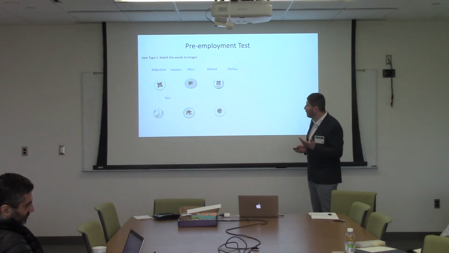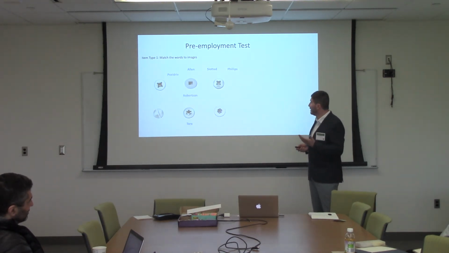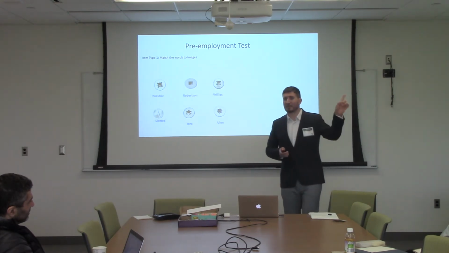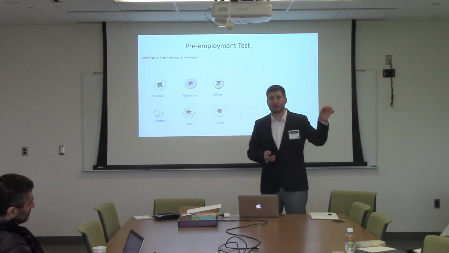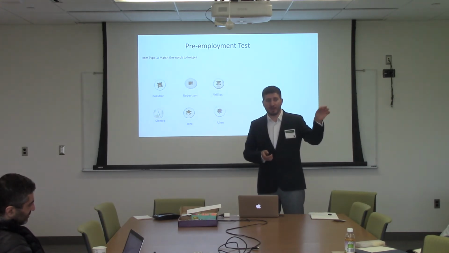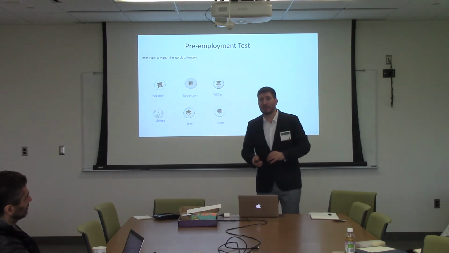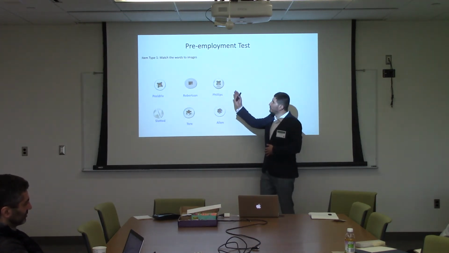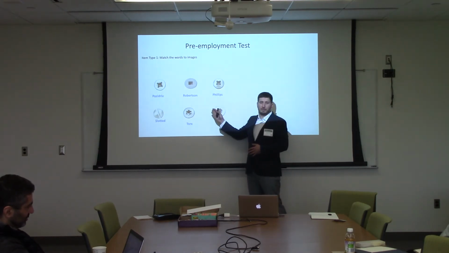I even created a fancy online test that does all of this. Remember what my target construct was: the ability to use the right screwdrivers for different kinds of screws. And this is how I measure it. I just ask them to match the words to the images. What's the point here?